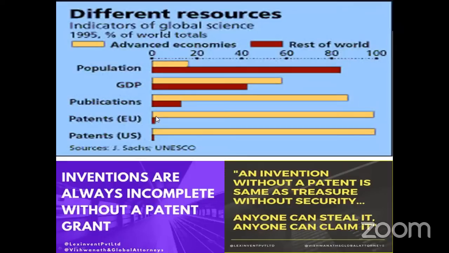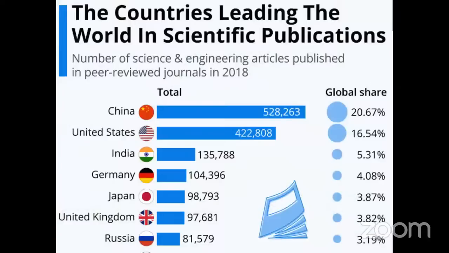There are some numbers, but from advanced economies, it is too huge. Only these advanced economies are dominating the entire globe by way of patents or by way of intellectual property in general. Why? The reason being, they could realize the value of IP at an early stage. Not only realize, they could also put it into practice. So therefore, IP plays a significant role.